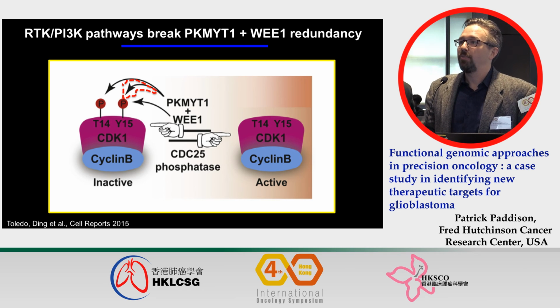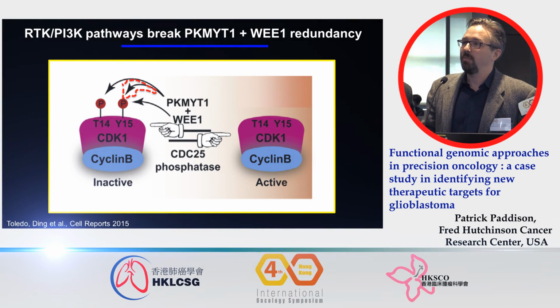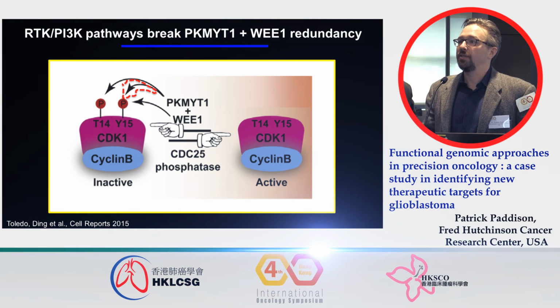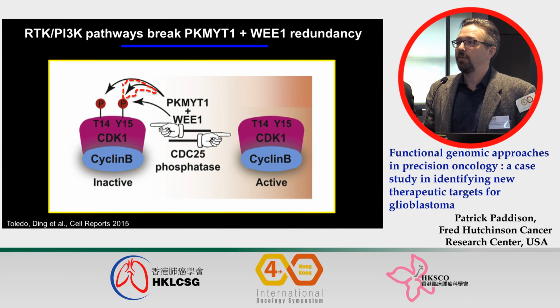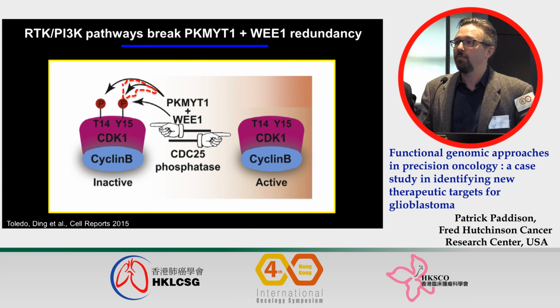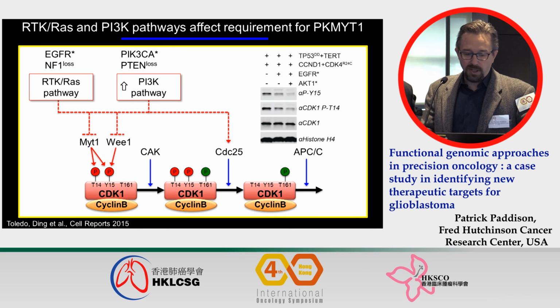Previous work in mammals in particular has not appreciated this redundancy between these guys. Work in HeLa cells, for example, has mainly shown that WEE1 controls entry into mitosis, and inhibiting MYT1 does very little. So MYT1 has sort of been ignored from this.